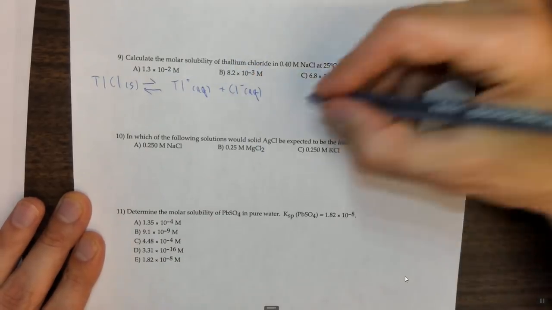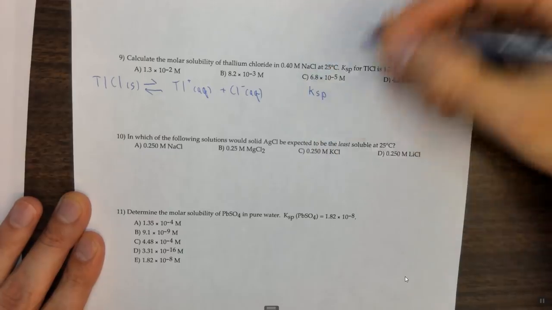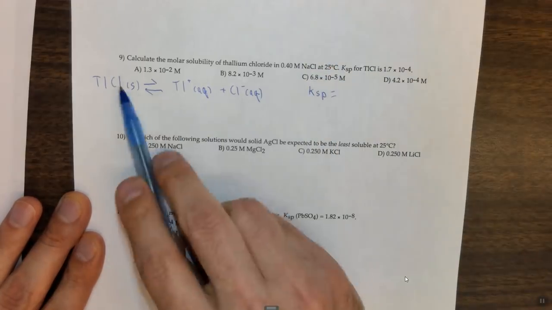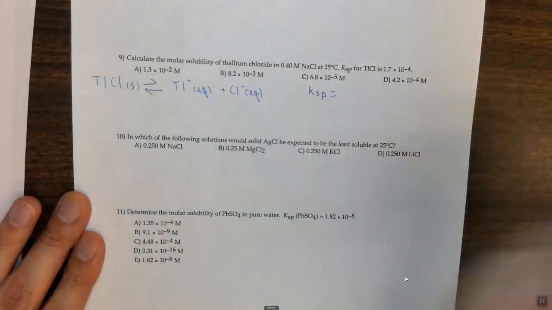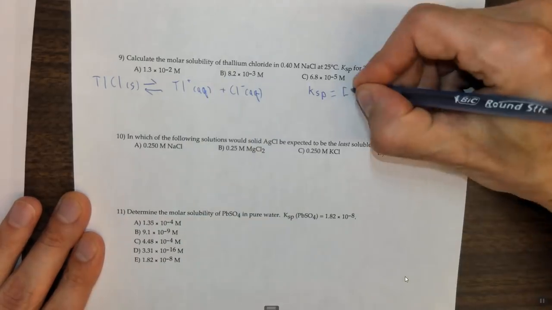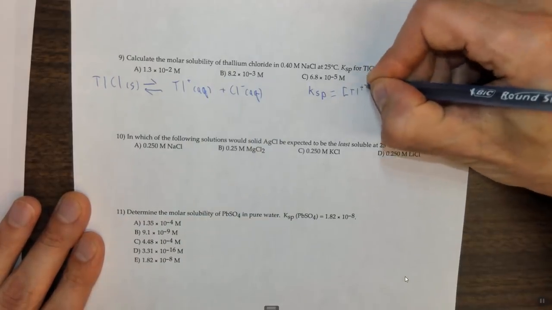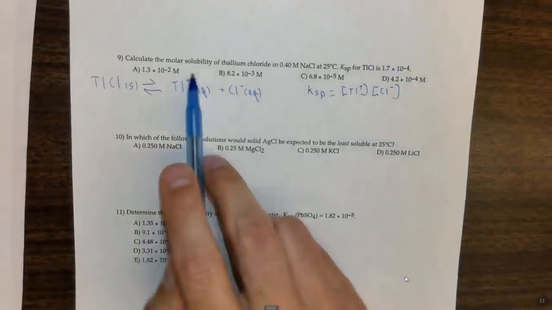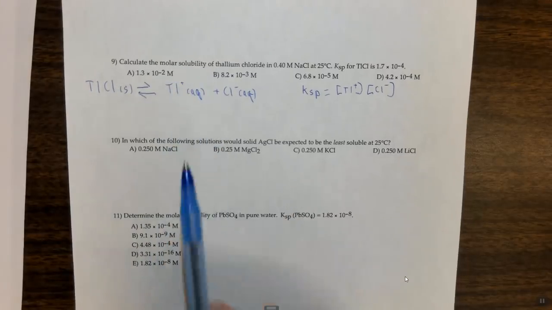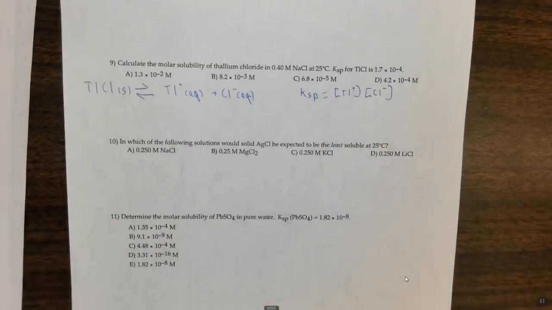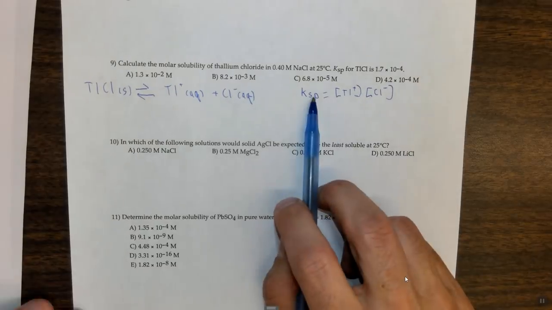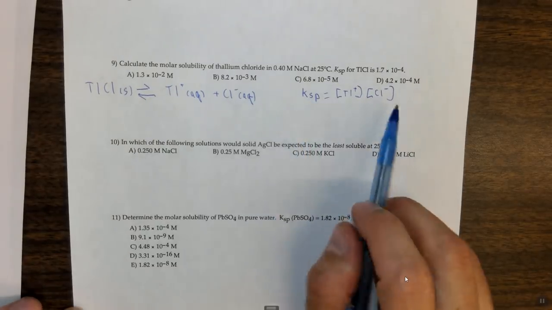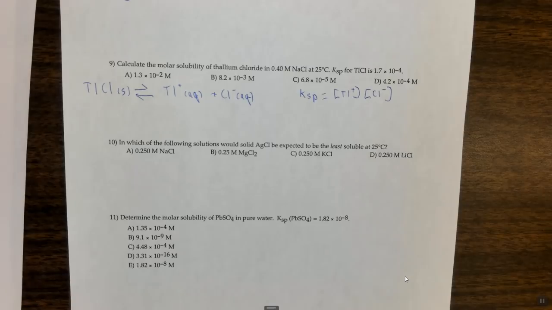And we know that the KSP of this, again, it's products over reactants, but the reactant is a solid, so it just doesn't go in there, is the concentration of thallium plus times the concentration of Cl minus. So if we want the molar solubility, we're essentially looking for the concentration of thallium that is going to be present in the solution. We know the KSP, but we have to consider the concentration of chloride.